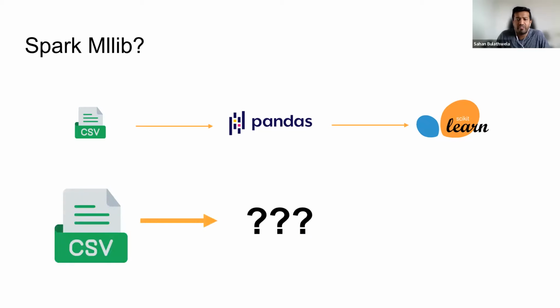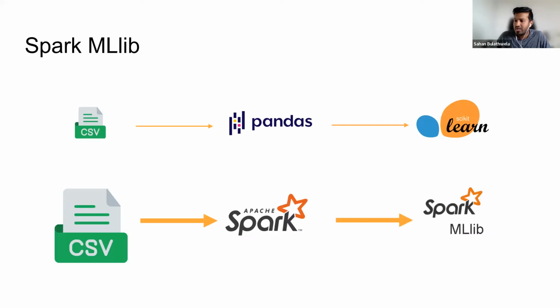Now we have a big file that does not fit in our computer. So what do we do? Here, we have the same counterparts, where we have the big CSV file now, and we have this compute cluster that can have multiple machines, where in aggregation, the RAM can hold this data set.